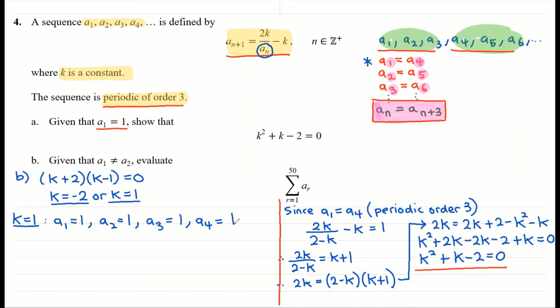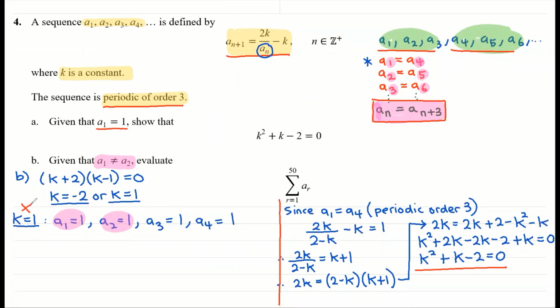Now, there is a caveat in the question. It does say that given that A1 does not equal A2, and clearly here A1 does equal A2. So this can't be right. So we're going to have to disregard this value of k. This is not going to give us the result we need.